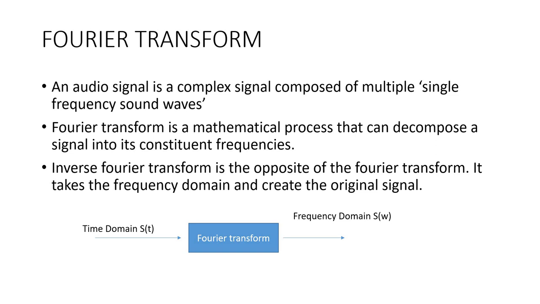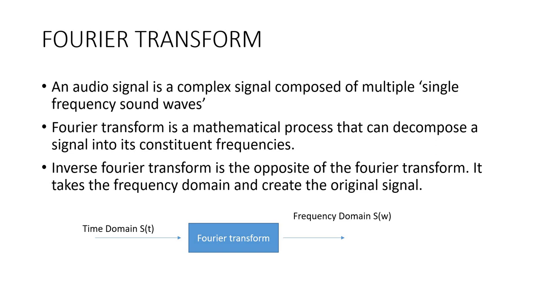Fourier transform is a mathematical process that can decompose a signal into its constituent frequencies. There is also the inverse Fourier transform. You may be familiar with these mathematical concepts. These are very important from a machine learning perspective. Inverse Fourier transform is the opposite of Fourier transform. It takes the frequency domain and creates the original signal.